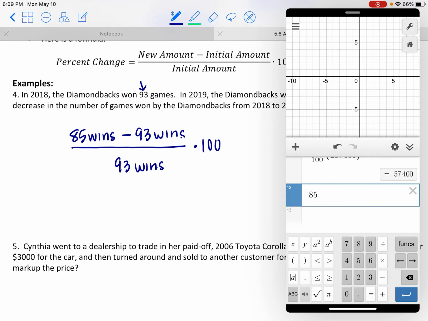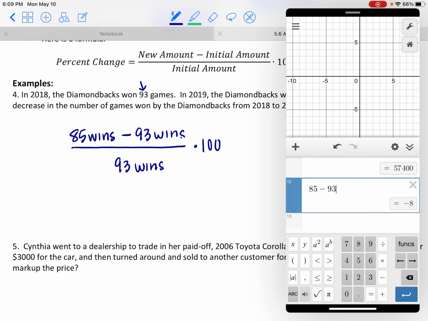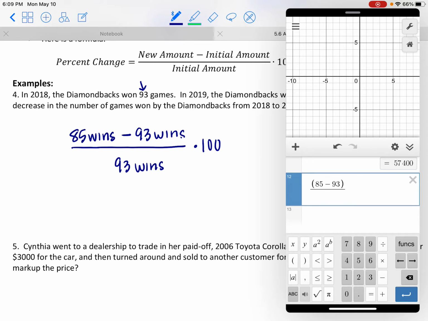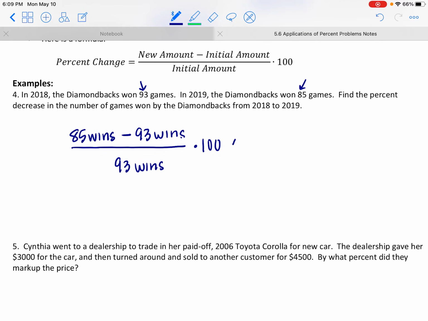So we have 85, subtracting 93, dividing that whole thing in parentheses by 93, and then multiplying that result by 100, and we end up with a negative 8.6-ish. So this is about negative 8.6. Again, negative because it was decreasing.